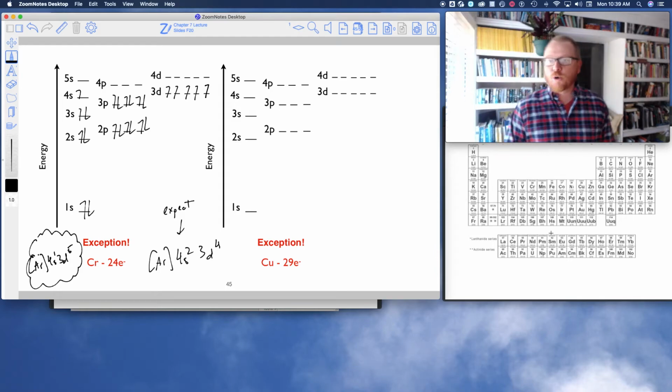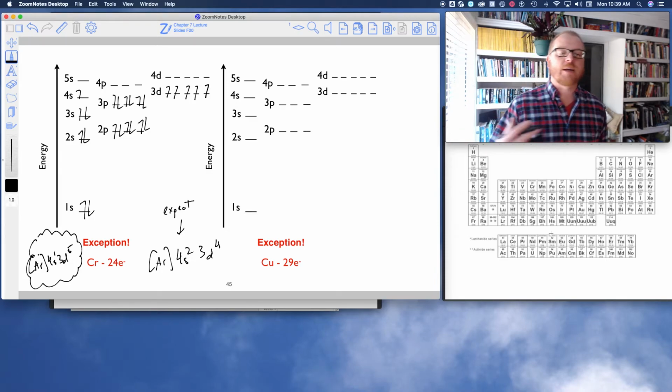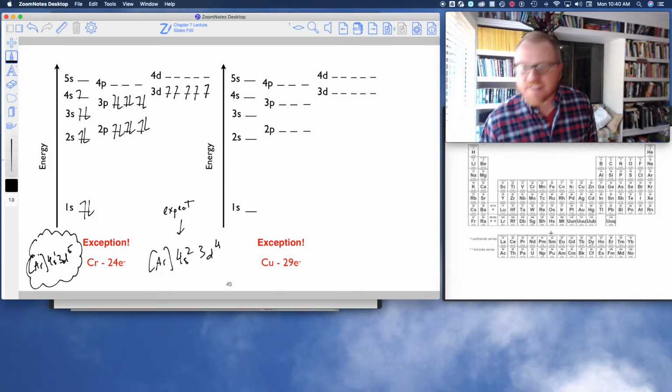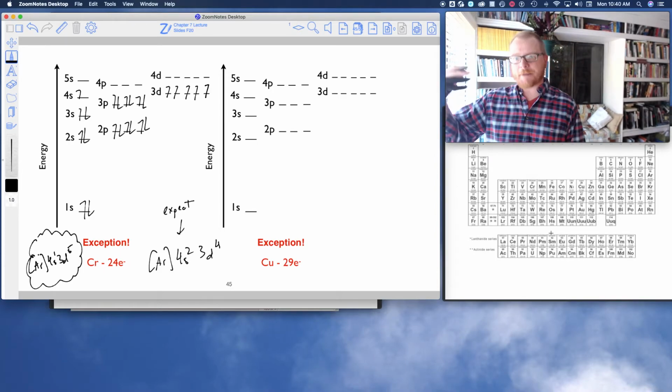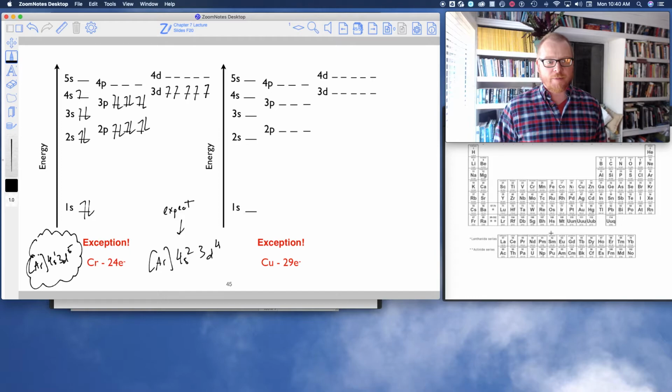They can have loads of exceptions, which is why you see sometimes iron is +2, sometimes iron is +3, sometimes chromium is +7, sometimes chromium is +3. So there's all kinds of things that we observe in nature that we can explain because of these oxidation states, or really because of these electron configurations.